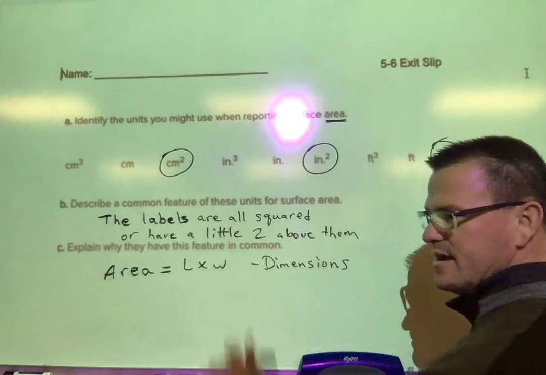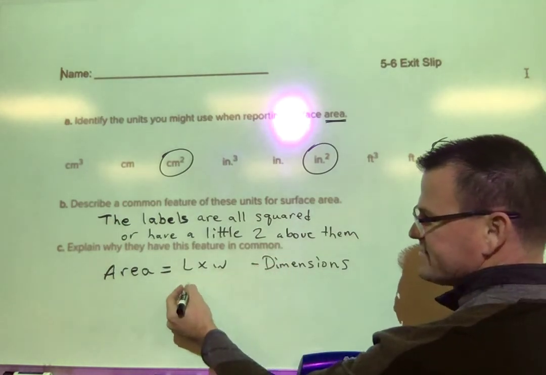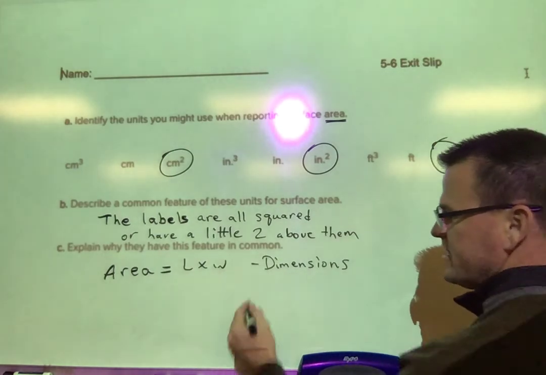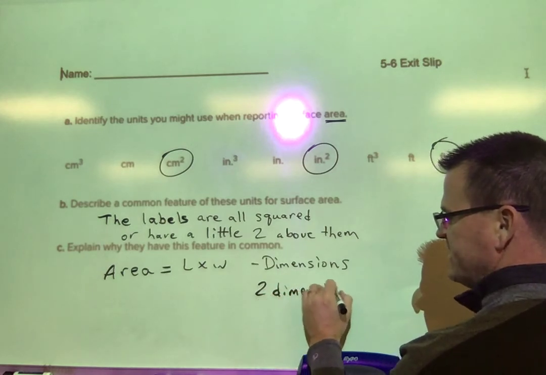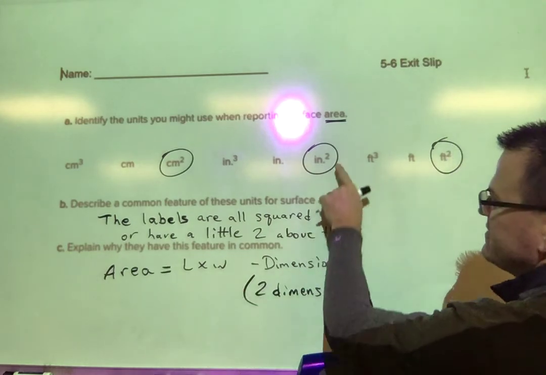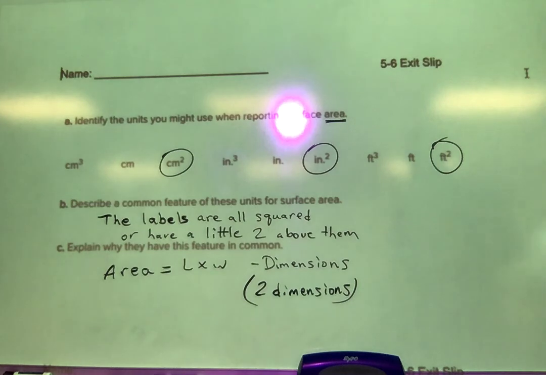To get the length times the width, we have 2 dimensions, the length and the width. So that's where we get the 2 from, because there's 1, 2 dimensions. Okay, so there's 2 dimensions that we need to find area. We need the length and the width. So that's why we have a little 2, because that's what I used to find area. I multiply those 2 dimensions together. So make sure you get these written down.